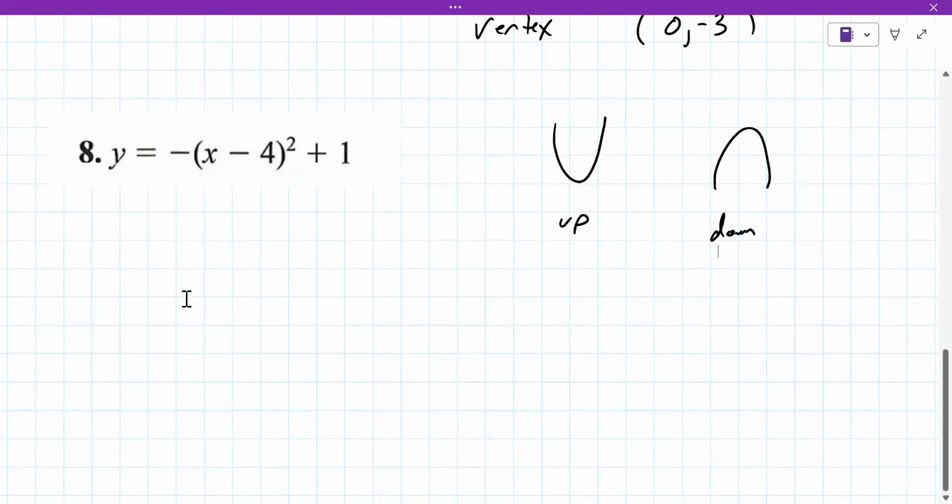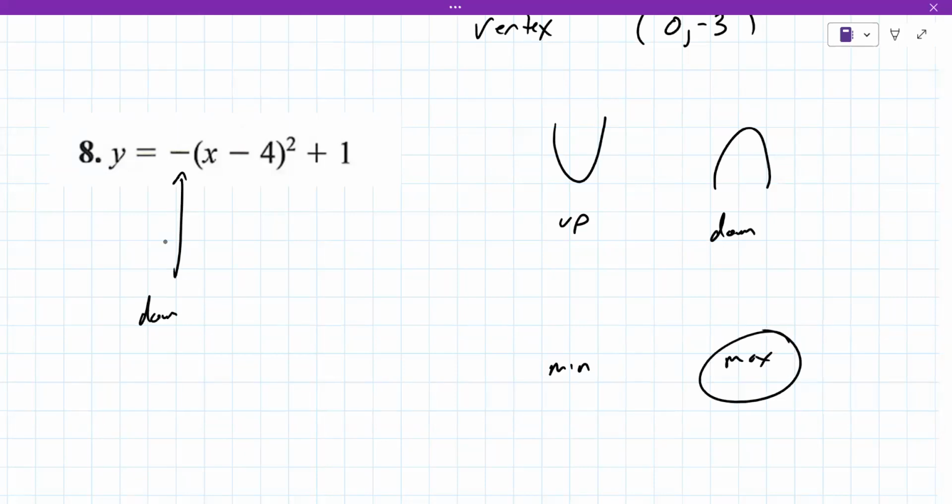Opens down. It does, and it's because of this right here. That's why it opens down. So does it have a min or does it have a max? Max. It has a max.